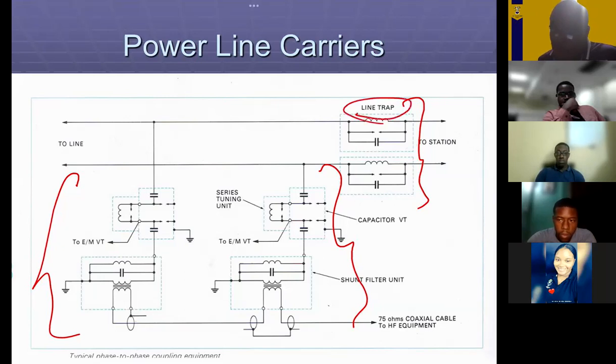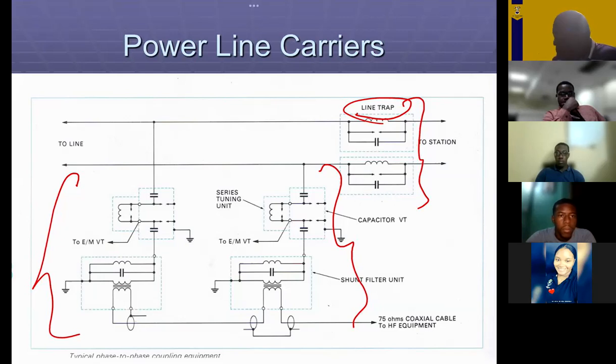So we have the line traps on the power line that prevent that information from coming into the system, into the station. Are you with me? So it's out there. It is not coming to the customer. So the customer would not experience all these additional frequencies. What they would get is the power frequency, which is the 50 hertz. But all of that is trapped. That's what the wave trap is for.